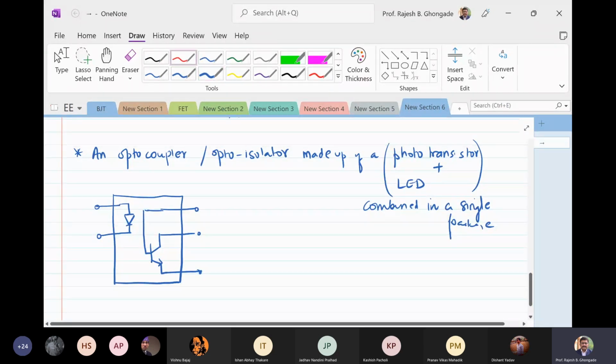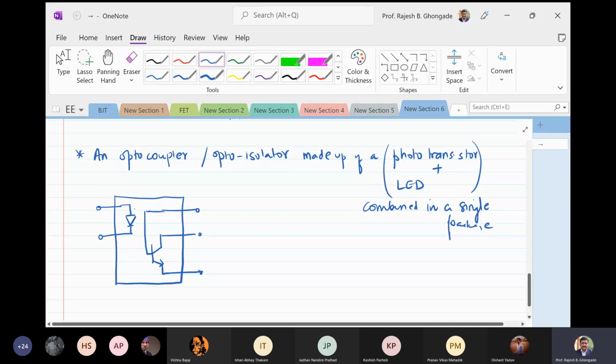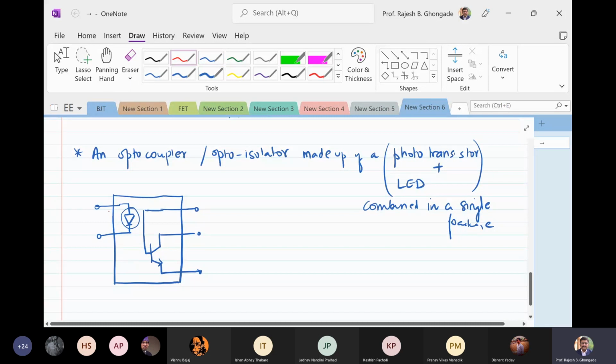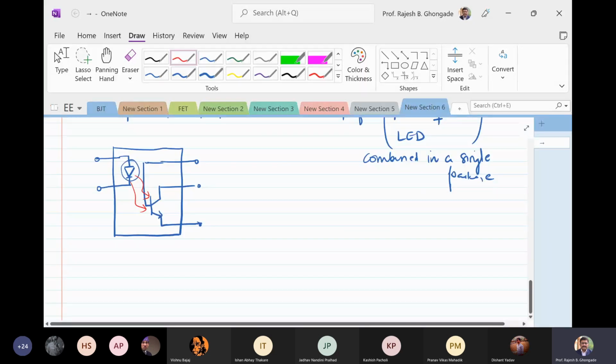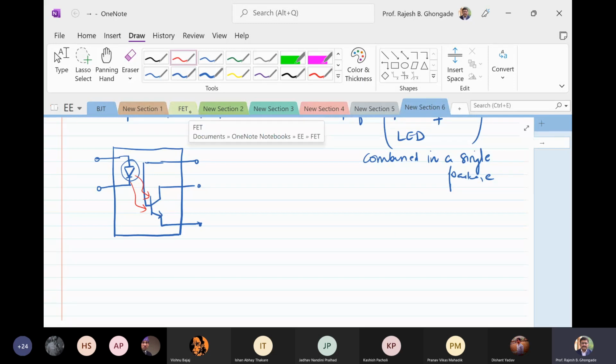So this is your LED, and this LED light falls onto the base of the transistor. Alright. So this is inside one package which is hermetically sealed, and it is covered so that it is isolated from the ambient light. Okay, so it is all dark.